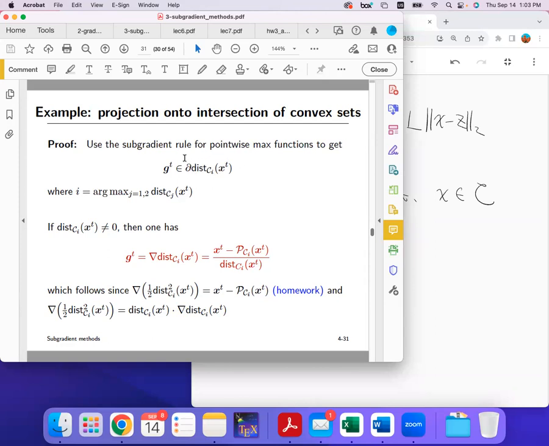This would be a subdifferential of our f(x), our pointwise maximum function. Therefore, in our algorithm update, our g_t, our subgradient, is simply picked from the subdifferential of the activated distance function.